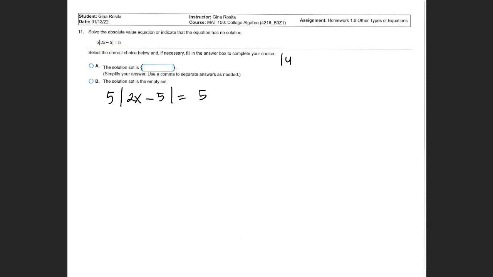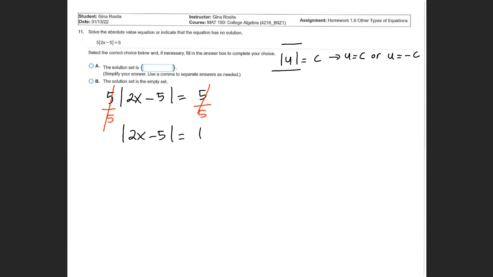Remember again, the absolute value of U equal C becomes U equals C or U equals negative C. There is a 5 on the left side, so to make sure the form is absolute value of U, we have to divide by 5 on both sides. It cancels and becomes 1. So the absolute value of 2x minus 5 equals 1.